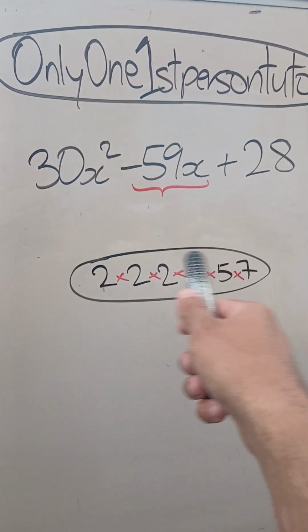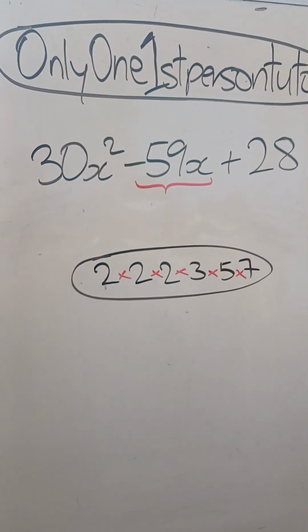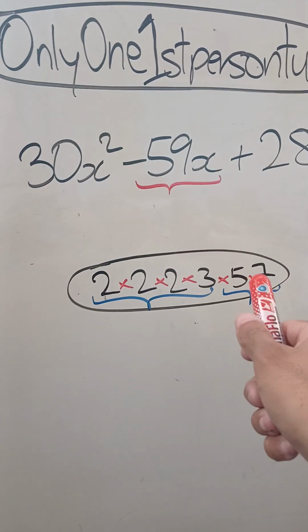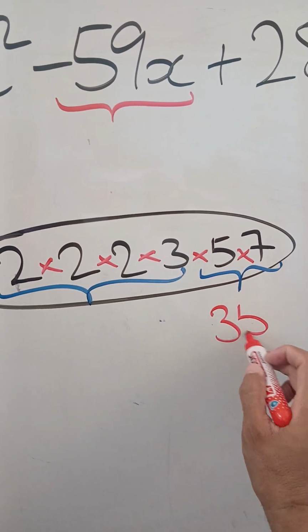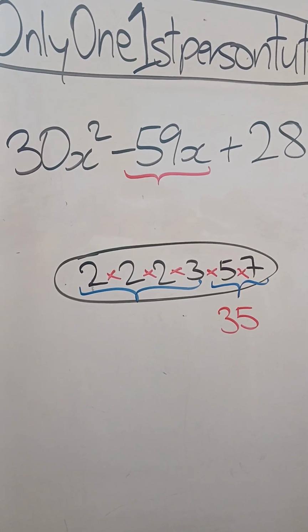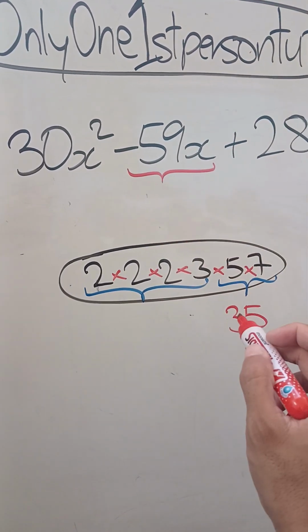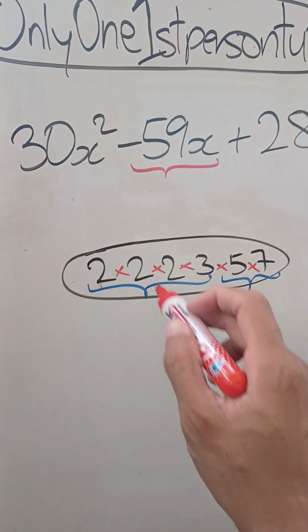So how do we find out what combination is going to give us that minus 59 there? All right, so this is an educated guess. So let's see what we have here. We're going to have a 35. And this, well, if you subtract this from that, what would you get? 5 minus 3 is 2. 9 minus 5 is 4.